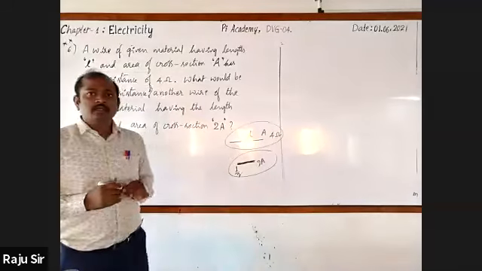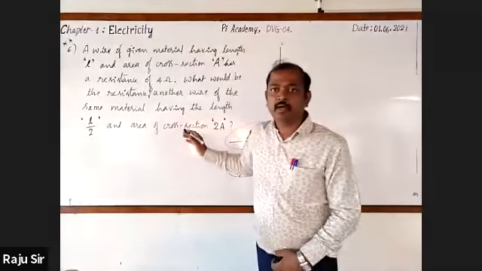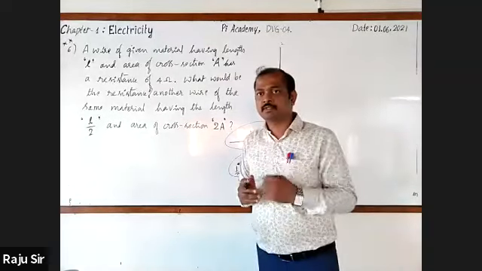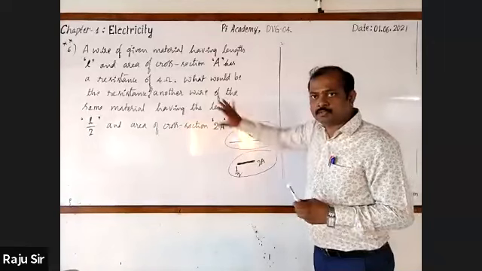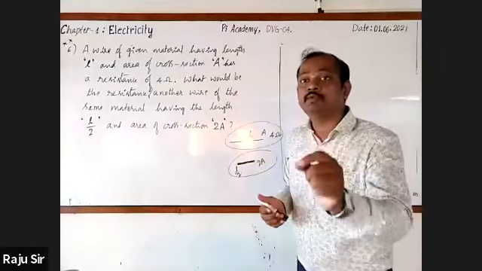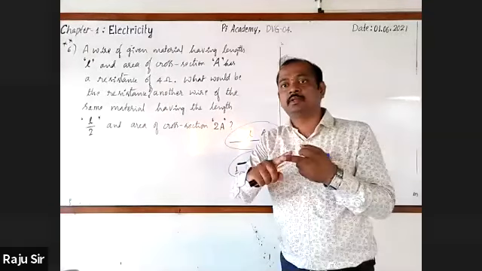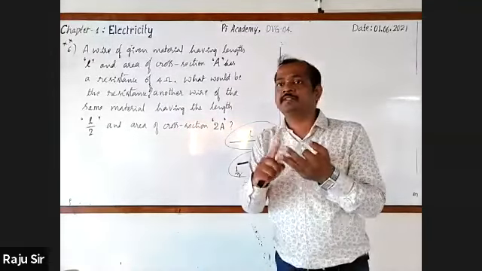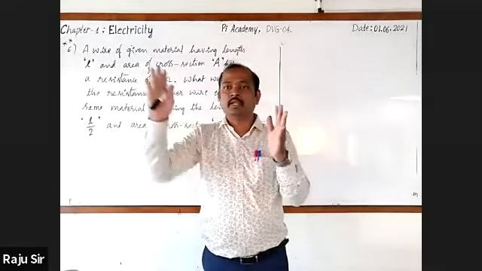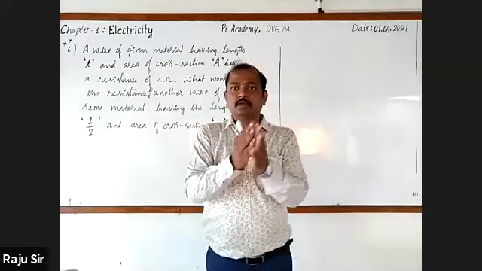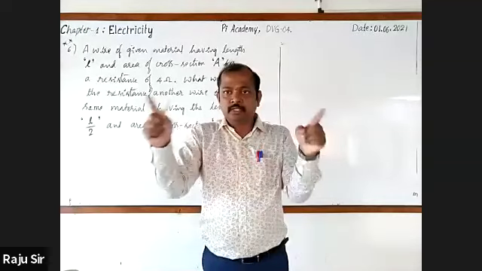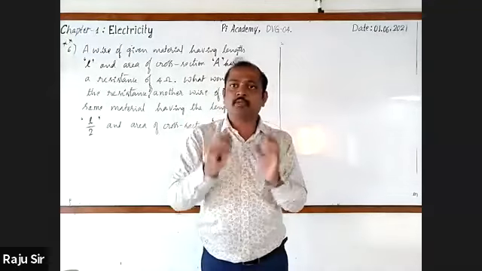Dear students, just by going through this statement, you can come to know that in both cases we have used the same kind of wire, but with a difference in length as well as area of cross section. Now I'll give you two physical quantities: electric resistance and resistivity of that wire. Which of these two will be the same for both the wires?